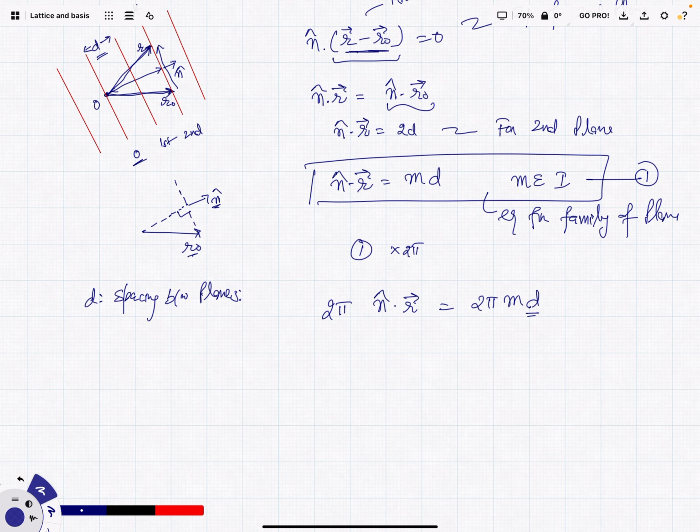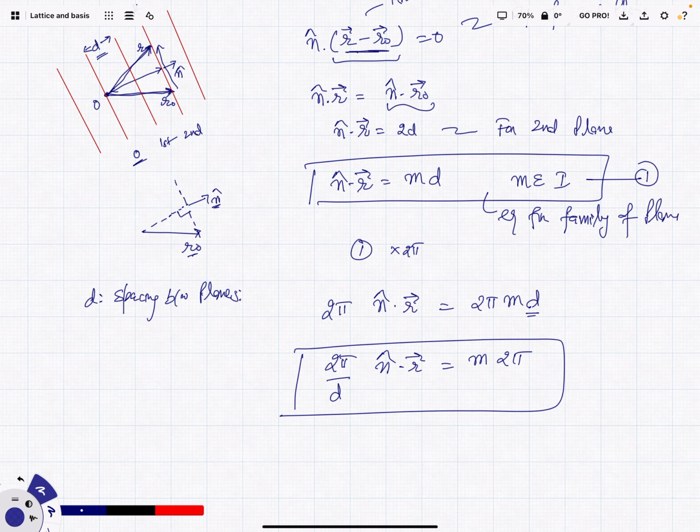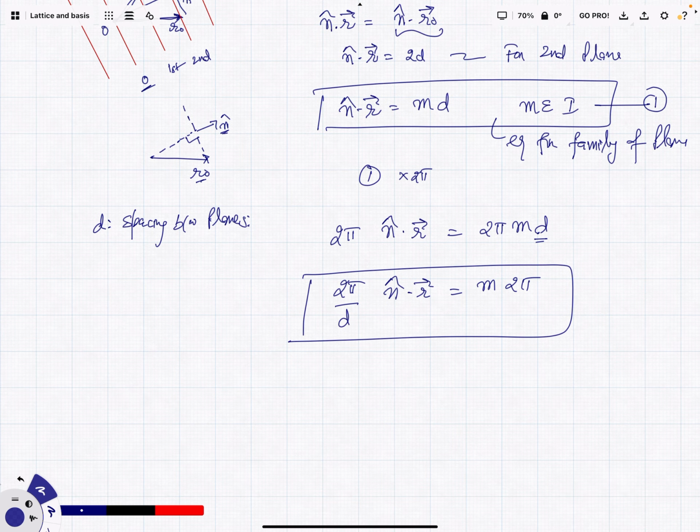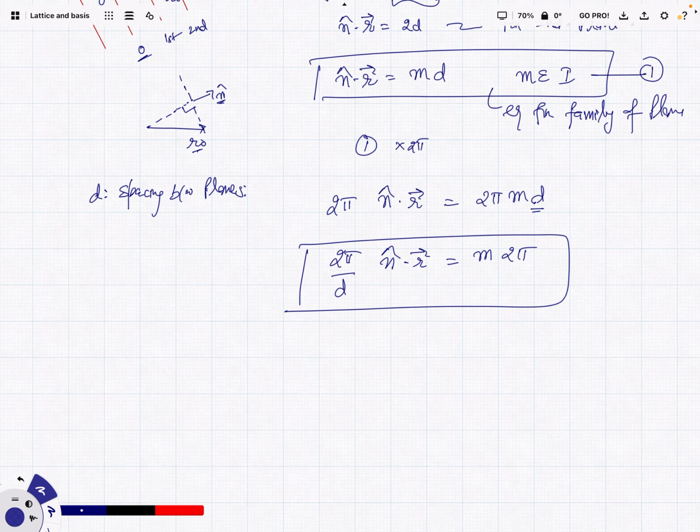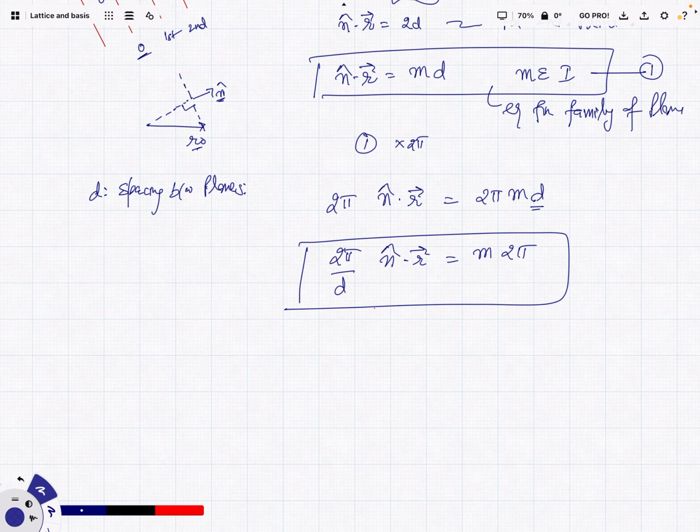I can bring this d into the denominator. This is still the same, right? Why am I doing it? It offers me a great advantage now because I can express it in terms of exponents. I like the exponent too much, so I wanted everything to be in the nature of exponents. Or I can even multiply this equation by any integer. It won't change anything, right?